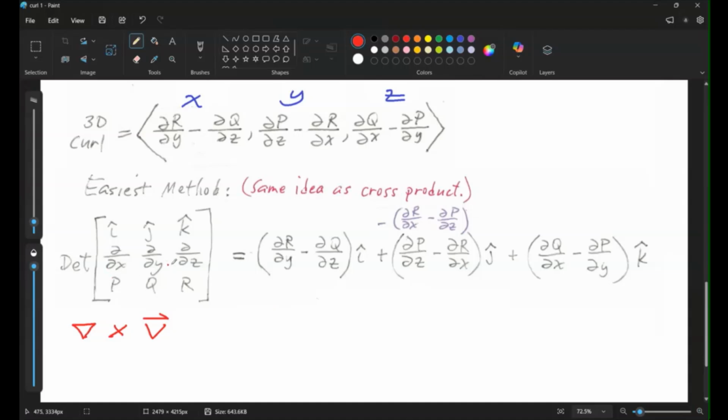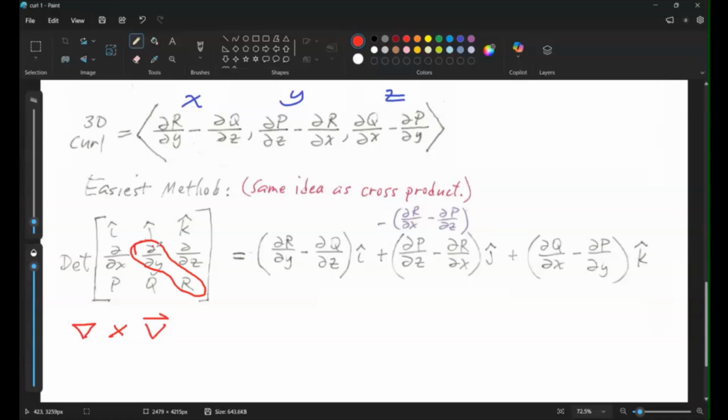It can be a little confusing, but if you've done a determinant before, you know that for the 3x3 determinant, you take this and multiply it by the determinant of this, then take this and do the determinant of this, and then this and the determinant of this. So back to i. If we do the determinant of this, we need partial R partial Y. Well, here that is.